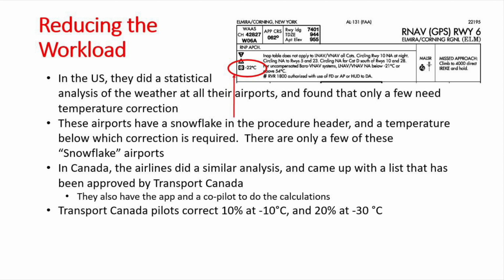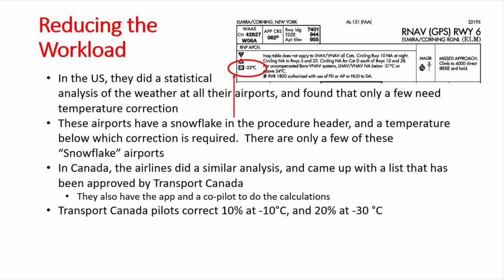In Canada, the airlines did their own similar statistical analysis and got Transport Canada's approval for a similar approach. And they have a co-pilot and that app to do a lot of the work. Even Transport Canada teaches their pilots a shortcut.